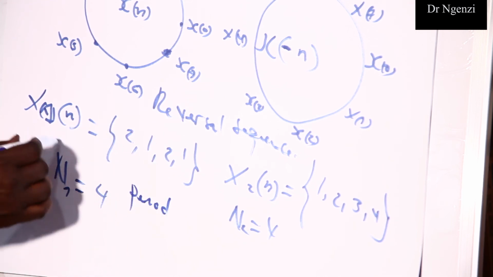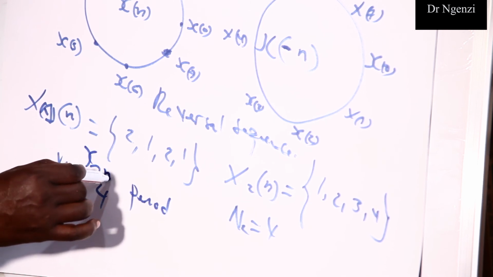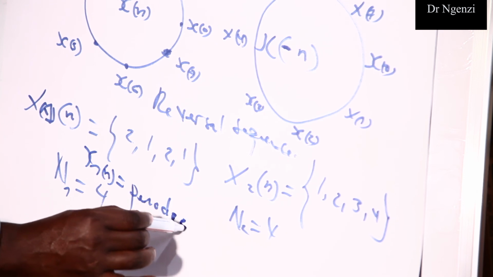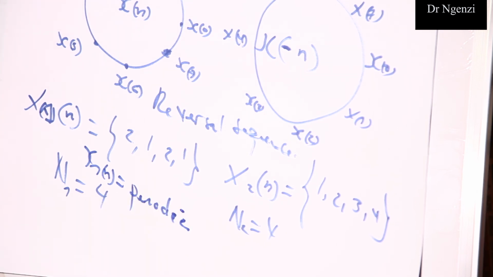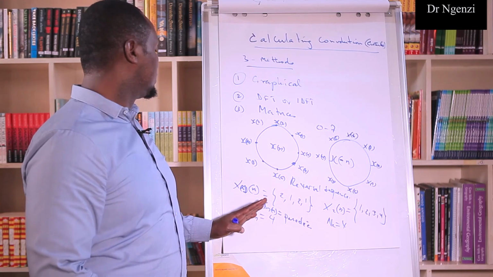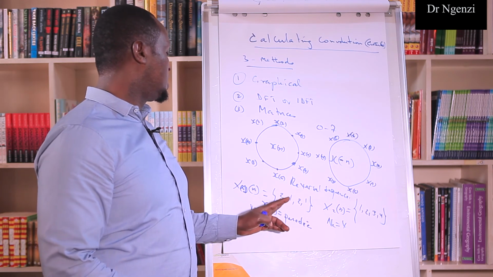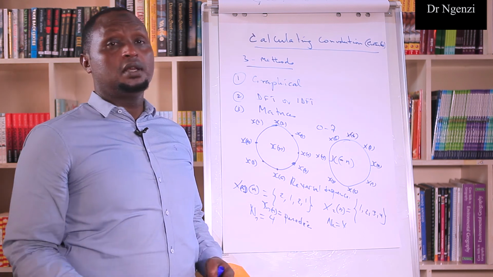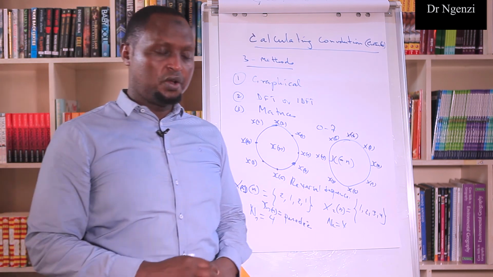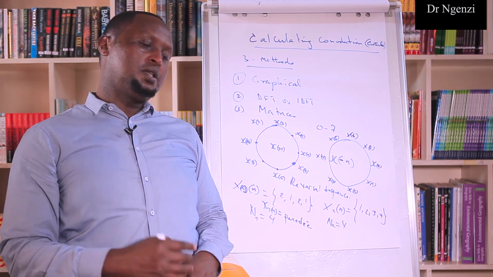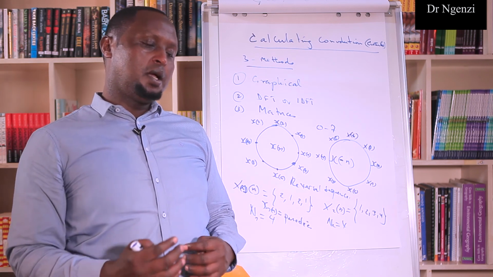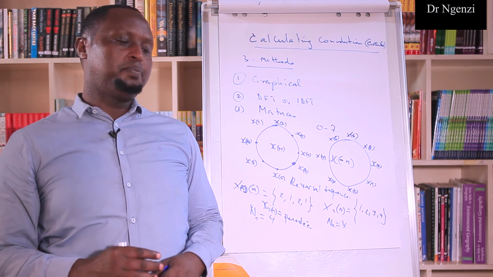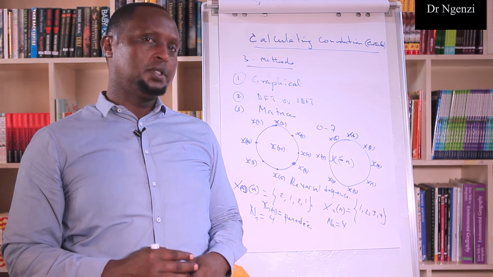The x1 of n is a periodic signal. So in this case, you can determine whether it is periodic. After this, the number repeats itself, and that is the definition of a periodic signal: the sample can repeat at any fixed point.